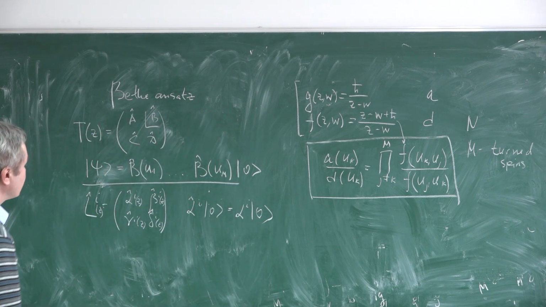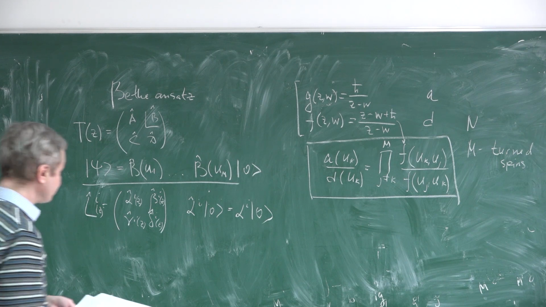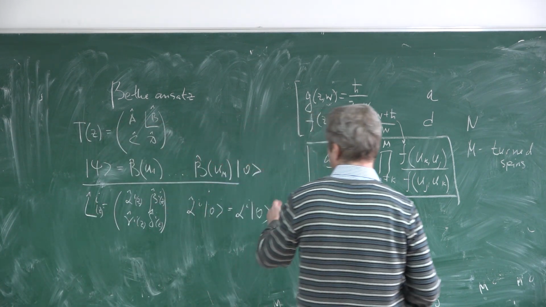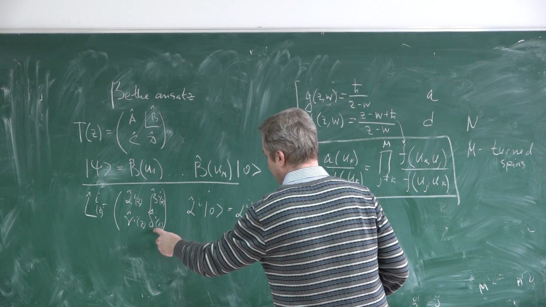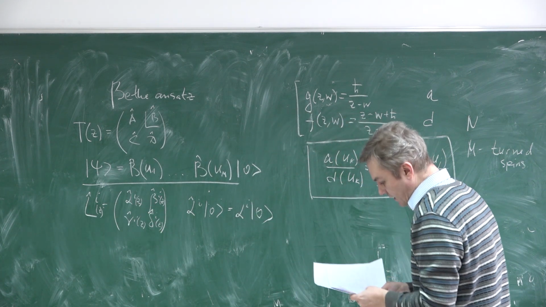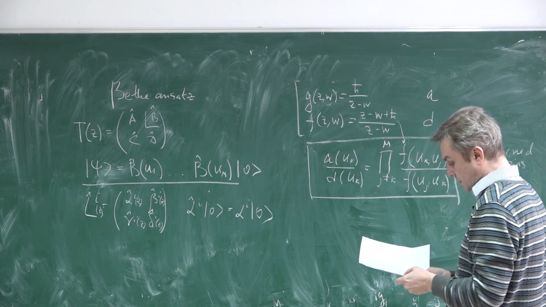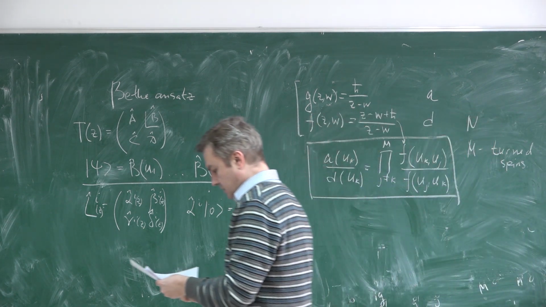So our vacuum vector by construction was eigenvector for these operators, for alpha and in fact for delta also.